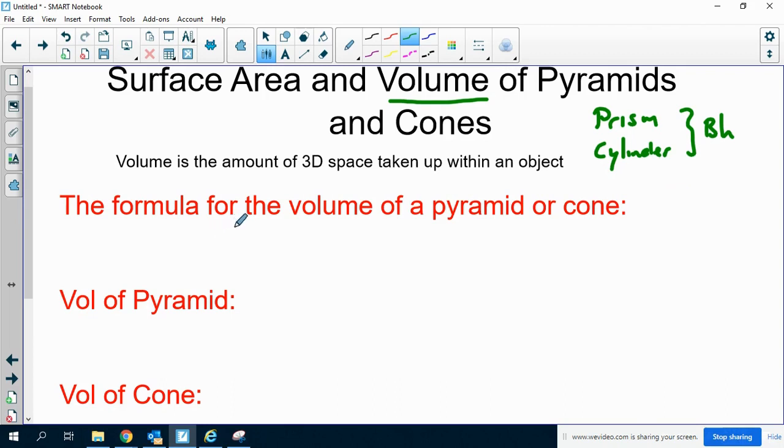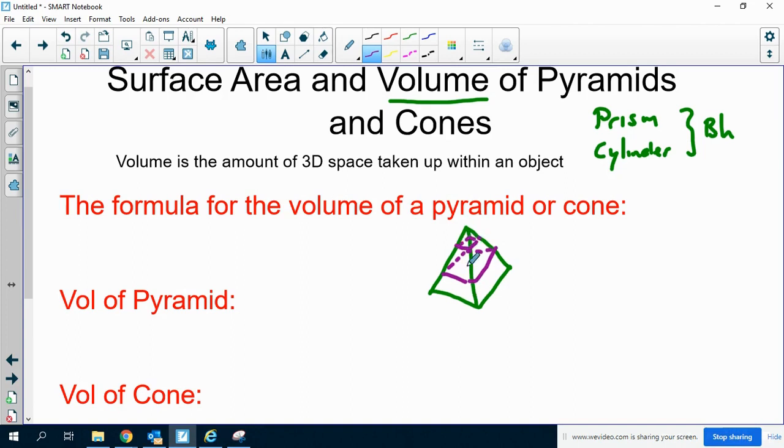But when we're dealing with a pyramid or a cone, it's pretty clear that, let's just say I have a pyramid, that's not happening if I fill this up all the way. So if I start to fill this up, notice that the square or whatever shape it is getting smaller as I go up to the top.